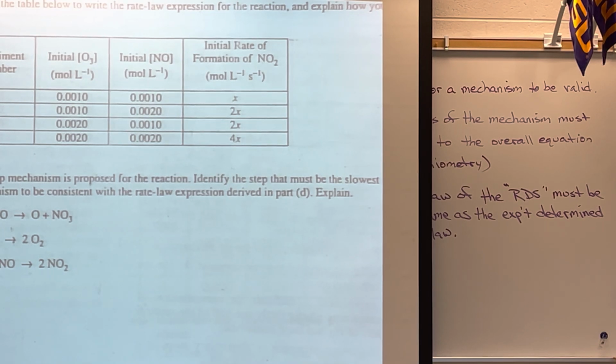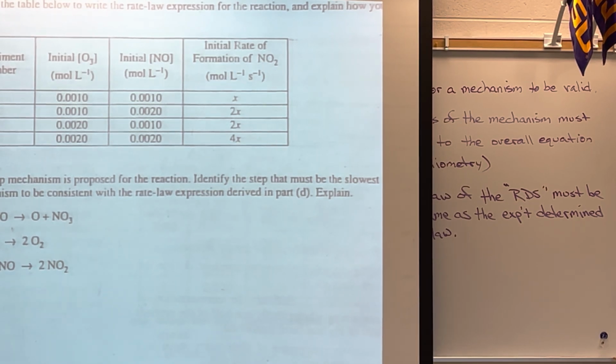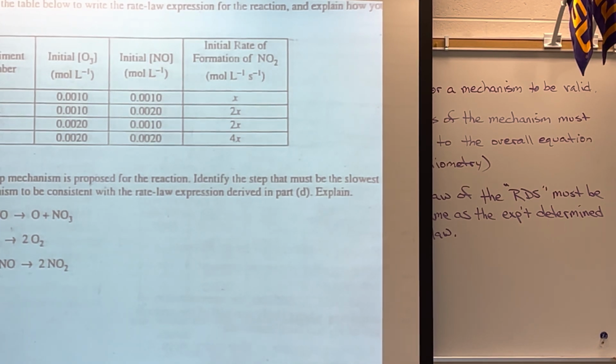So we said the experimentally determined rate law was rate is equal to k times O3 times NO, and they are both to the first power. Now, each one of these is what we call an elementary step. So I need to find out which one of these is going to have the same exact rate law as this one.